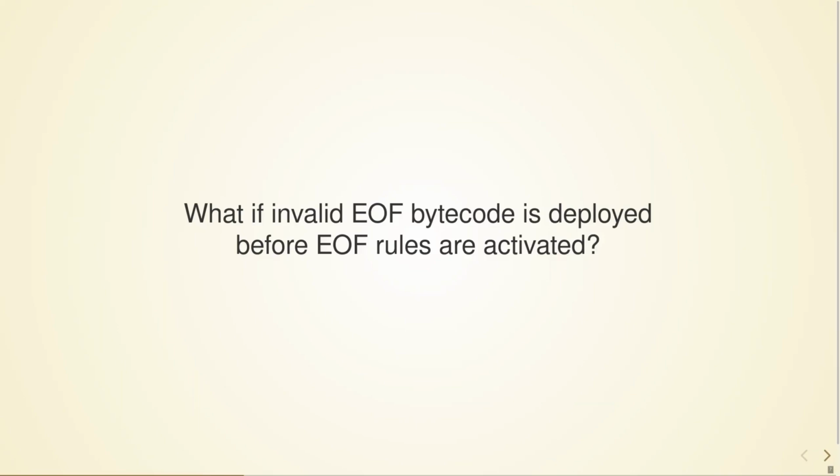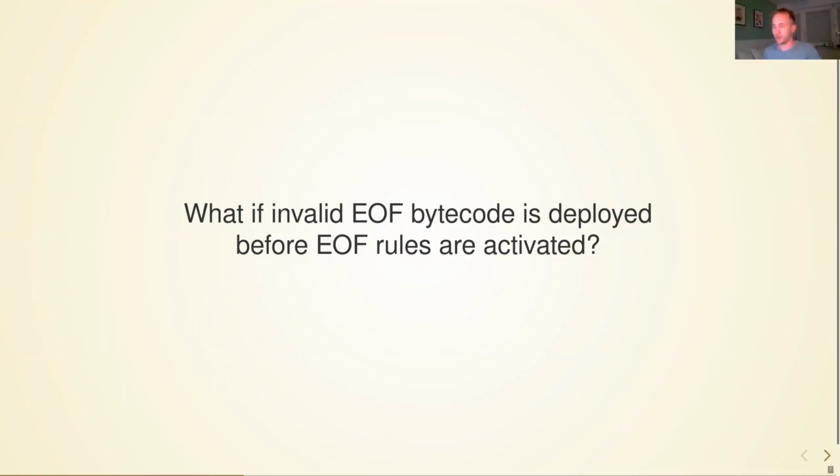And this analysis, JUMPDEST analysis, basically just building up a list of where all of these markers are, is the only thing EVMs do today. It's not really a strong guarantee. If you have strong guarantees, then you can change all this logic and make it cheaper and faster and remove some of this. That's the goal with validity. That helps.